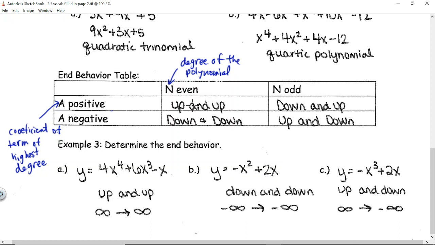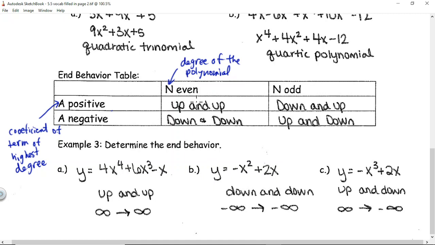The first word describes the end behavior as you go to the left from the origin, and the second one describes end behavior as you go to the right away from the origin. So we have the whole story here with a being positive or negative and with n being even or odd. We'll go through that quickly.